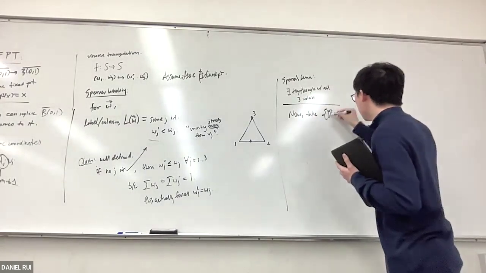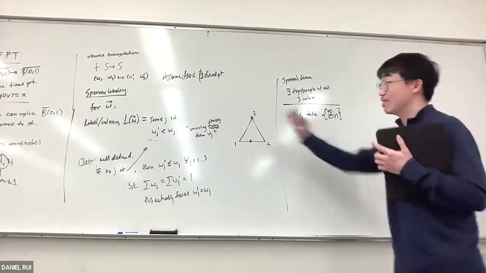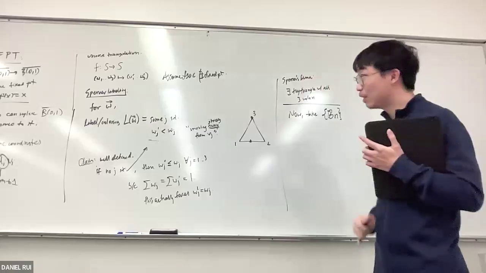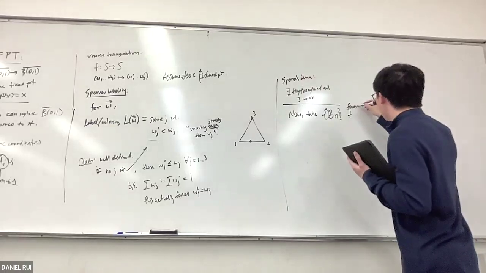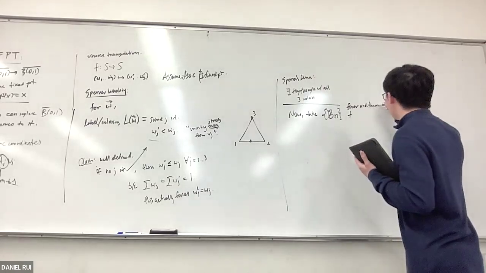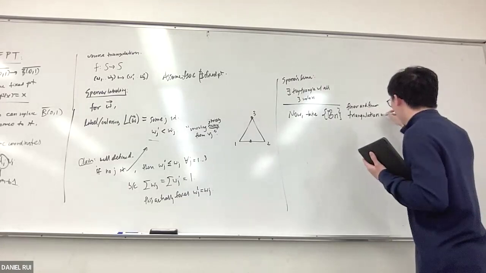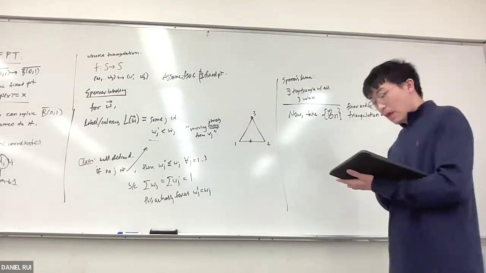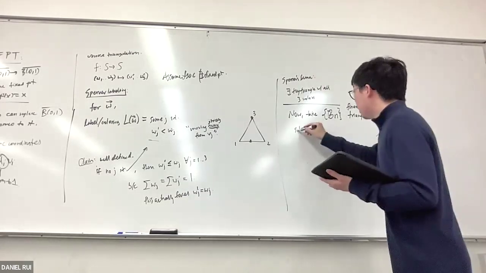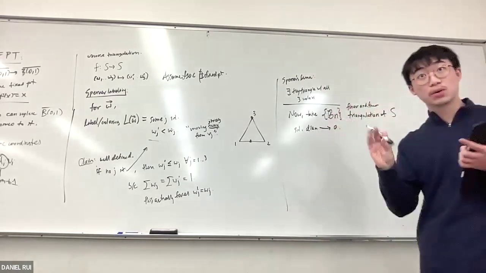I call them Bn, for barycentric decomposition. So I can take a barycentric decomposition of the simplex, finer and finer triangulations of the simplex, such that the diameter goes to 0. The diameter of all the tiny triangles goes to 0.